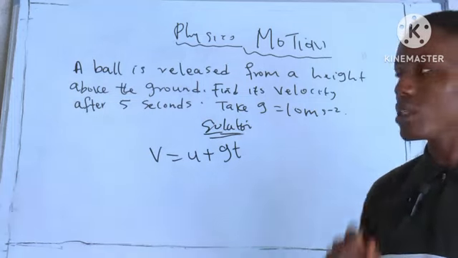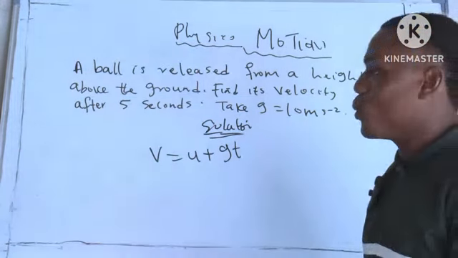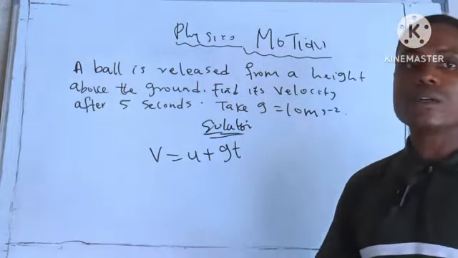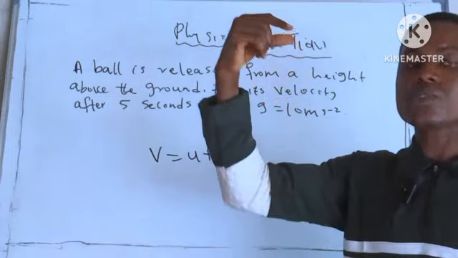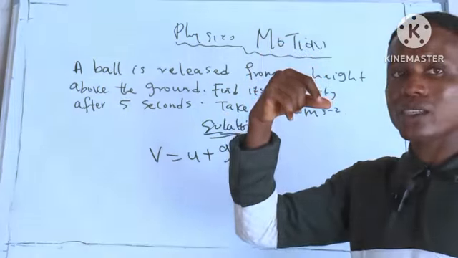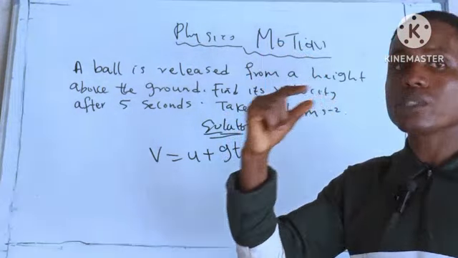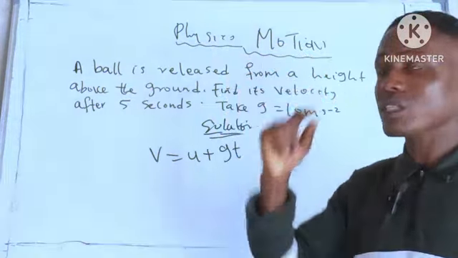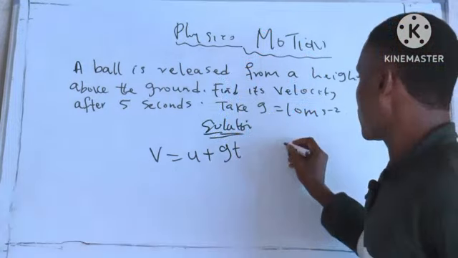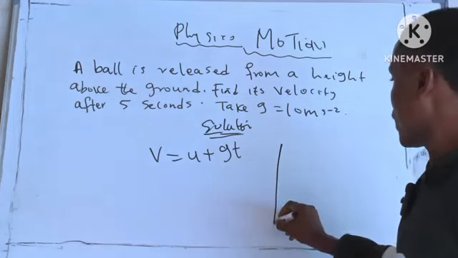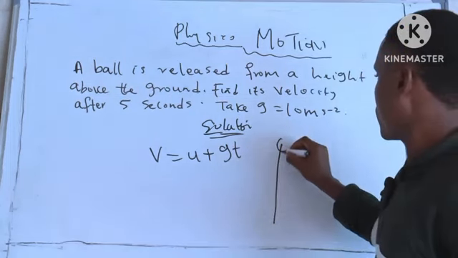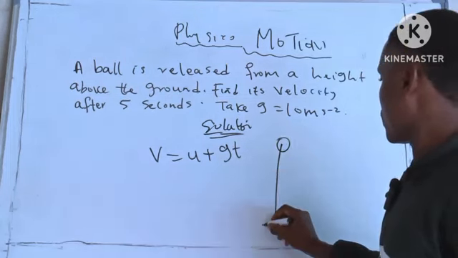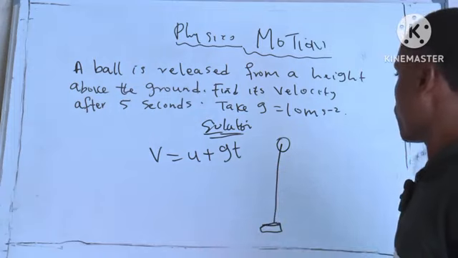I want to explain something. Whenever an object is released from a height, let's say this is a vertical line, this is up, and this is the ground state.